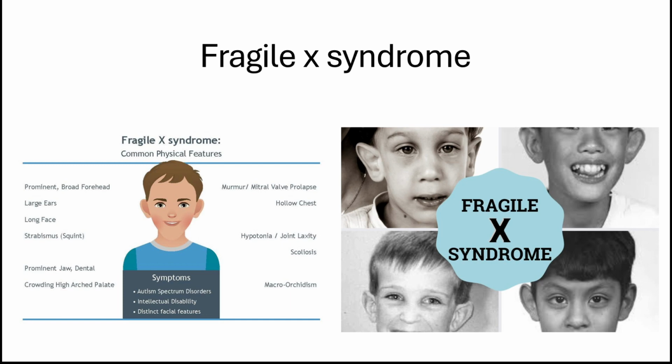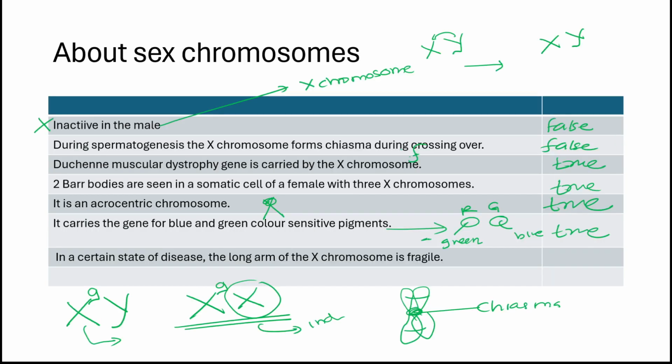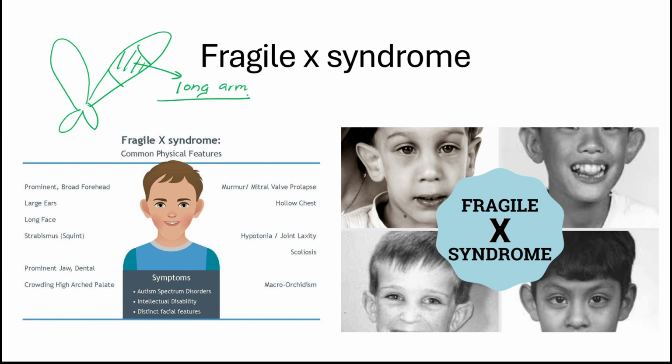Now, if you can remember, what happens is that in a fragile X disease, you would see the problem in the long arm, in the X chromosome, the long arm will have a repeat tandem.